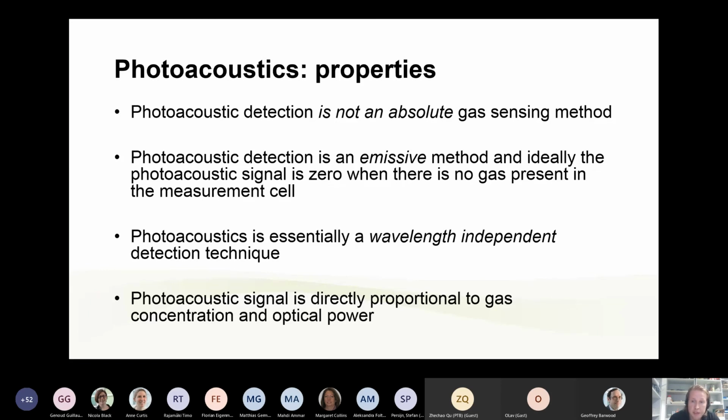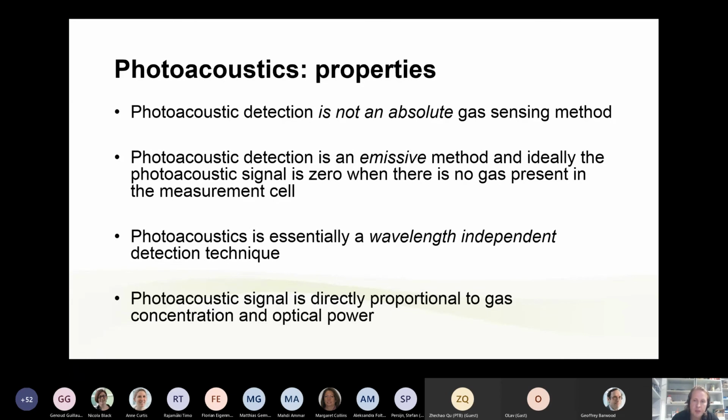This basically means that in order to achieve the best possible sensitivity, the power should be as high as possible. Of course, it's good to keep in mind that the power itself is not sufficient, but the power, if you will, needs to be directed at strongly absorbing spectral features to generate the acoustic wave in the first place.